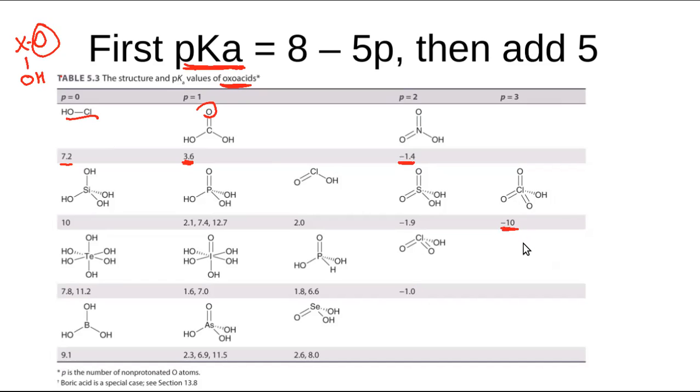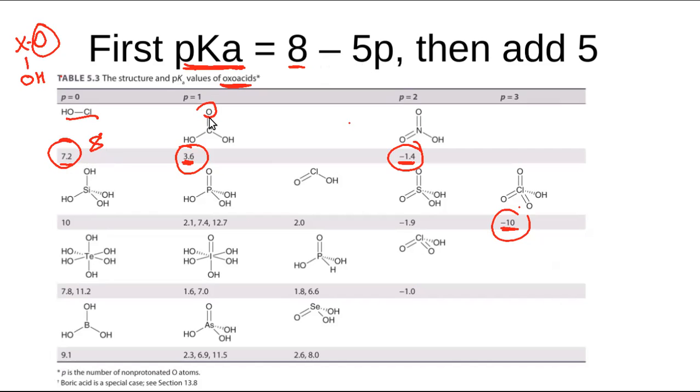So you can sort of distinguish the first pKa by claiming that it is, I think these pKa values are probably experimentally determined, but you can calculate that by 8 minus 5 times the number of oxo groups. Here it should have been 8. 7.2 is more or less equal to 8.